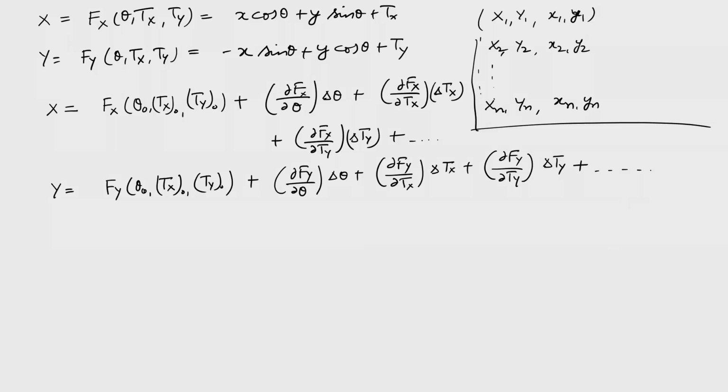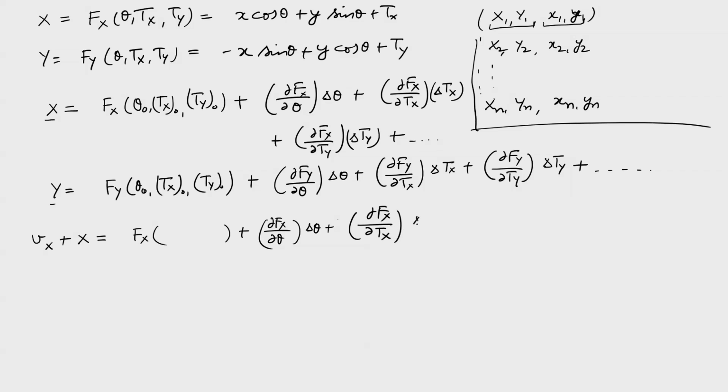Let us introduce the error in the dependent variables x and y. So let us say Vx plus x equals this expression, fx, I am not writing the full form, and then delta theta plus the other terms, here at theta0, Tx0, Ty0.